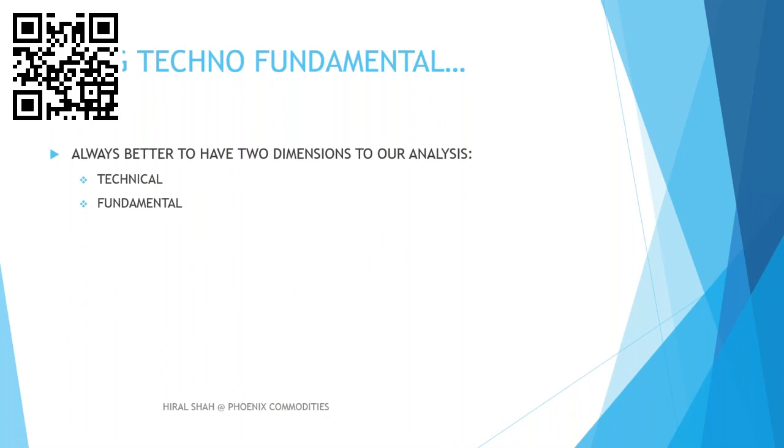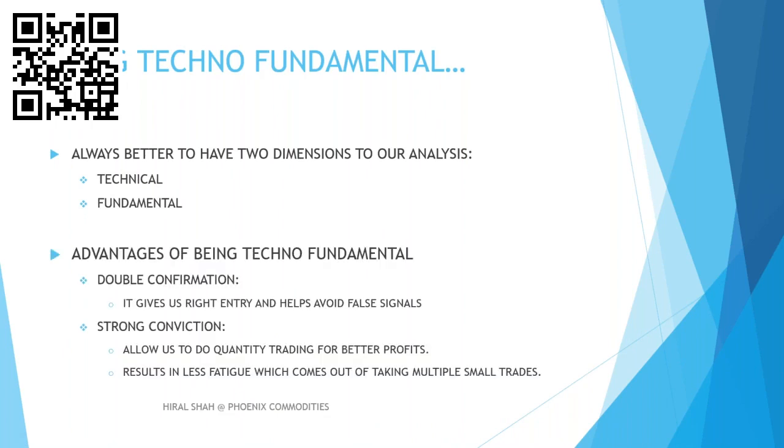We can trade with more lots, resulting in better profits and less fatigue, which comes with multiple small quantity trades, right? The thing is that whenever we have a strong conviction in our levels, whenever we trade with full confidence and full conviction, can we trade with more lots?